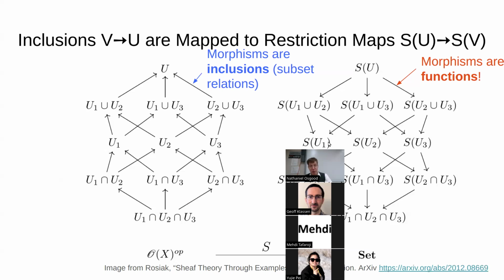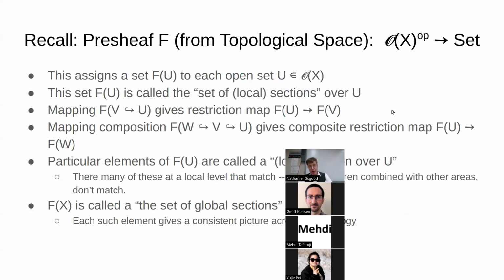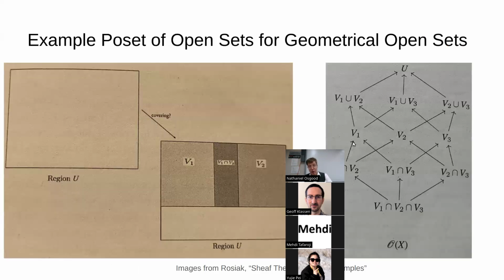You could compose those, right? So you could compose over here, V1 to V1 union V3 to U to get a path from V1 to U and map that over. Or you can map over each of those components, V1 to V1 union V3 turns into this restriction map.